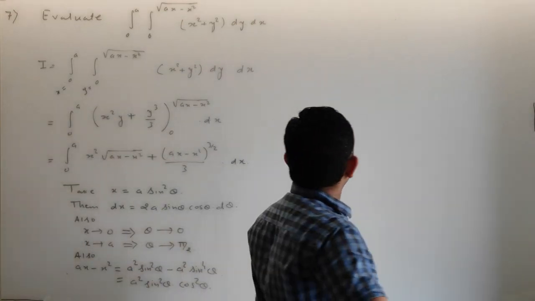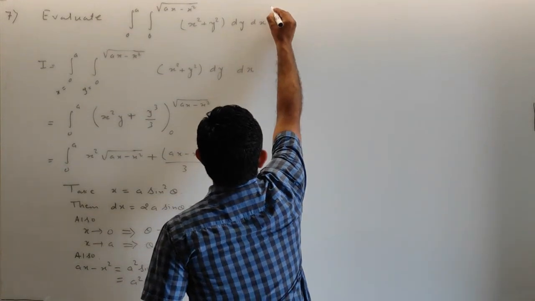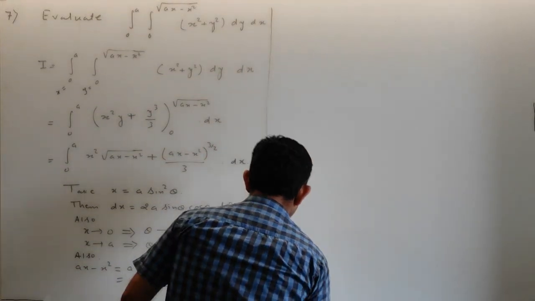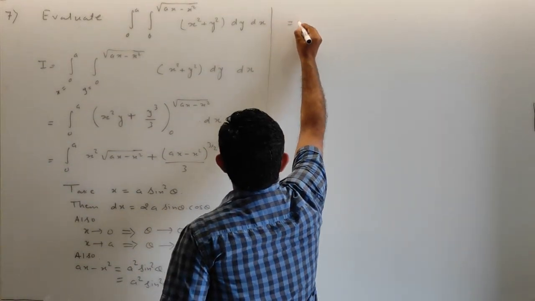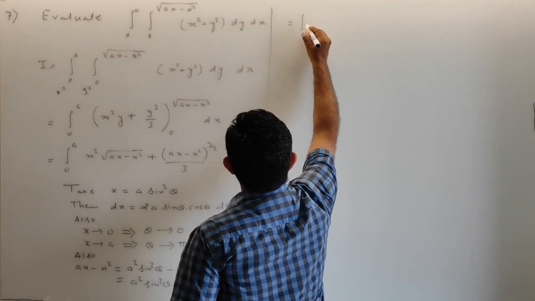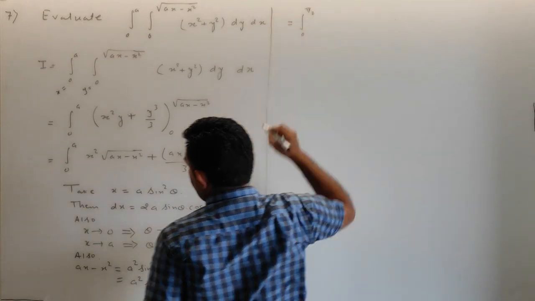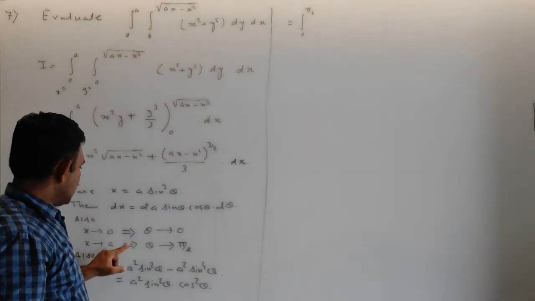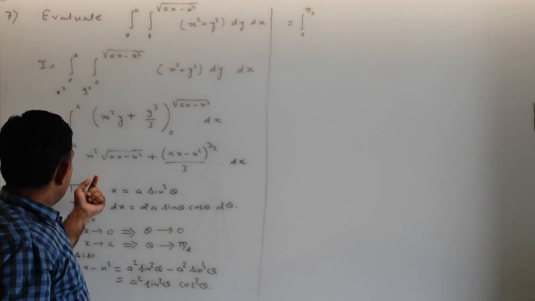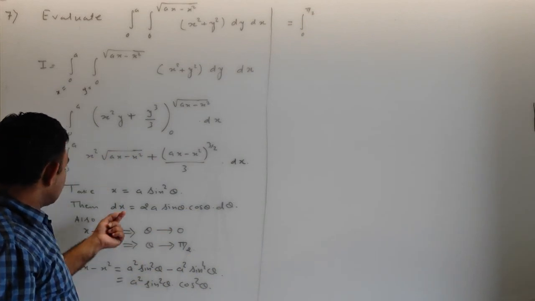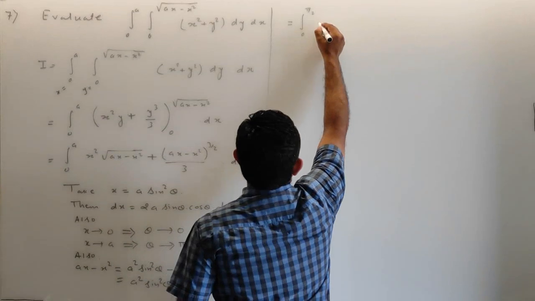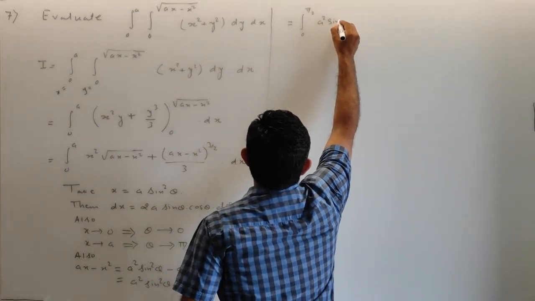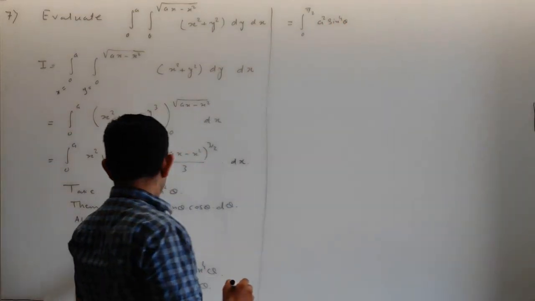So what I get is integration 0 to pi by 2, since 0 to a becomes 0 to pi by 2. Now x square is a square sine raised to 4 theta.